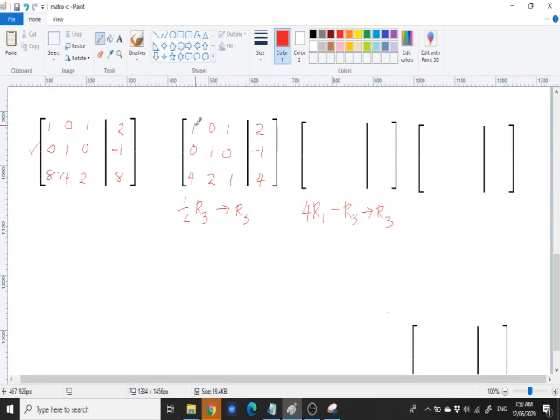So 4 times 1 is 4, minus 4 is 0, 0. 4 times 0 is 0, minus 2 is negative 2, and then 4 times 1 is 4, minus 1 is 3. 4 times 2 is 8, minus 4 is 4. So everything else is copied.